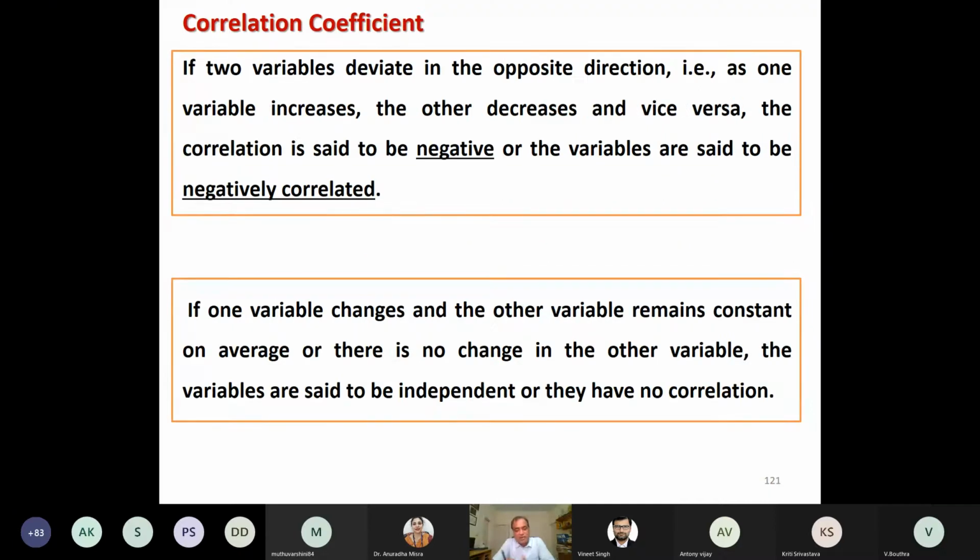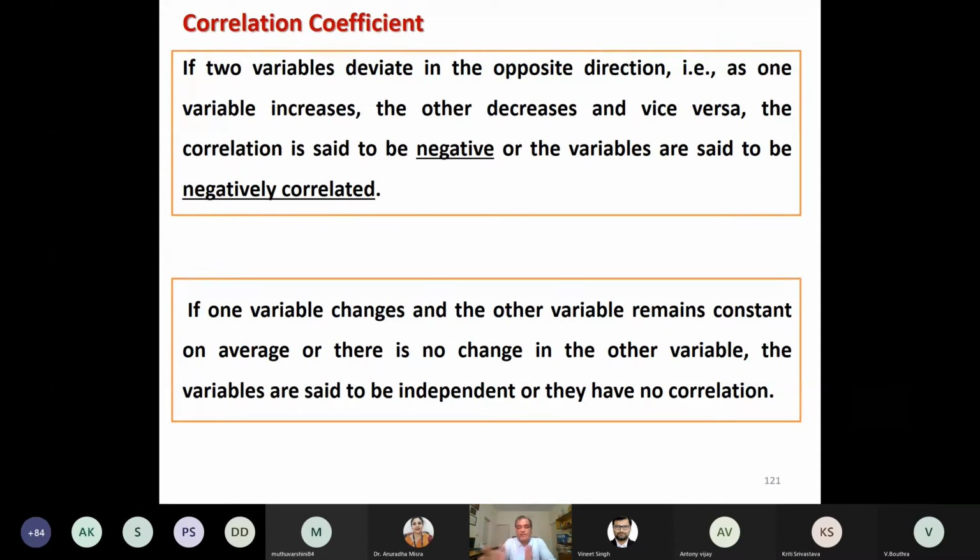Similarly, the opposite is when x increases, then y decreases, so there is an opposite type of relationship between x and y. We say that x and y are negatively correlated, and this correlation is negative, right? And if one variable changes and the other variable remains constant on average, then that means there is no change.